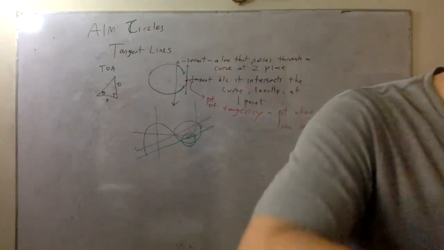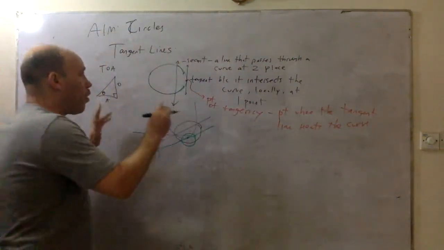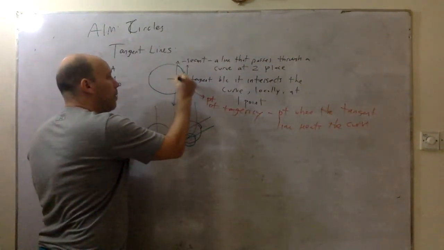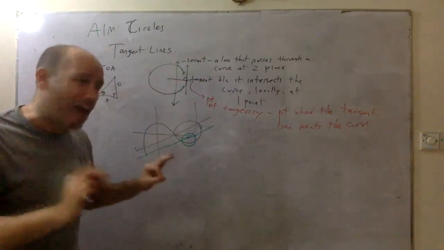What else do we want to say? Oh, and it turns out, this is kind of cool, the radius is perpendicular to a tangent line at the point of tangency.